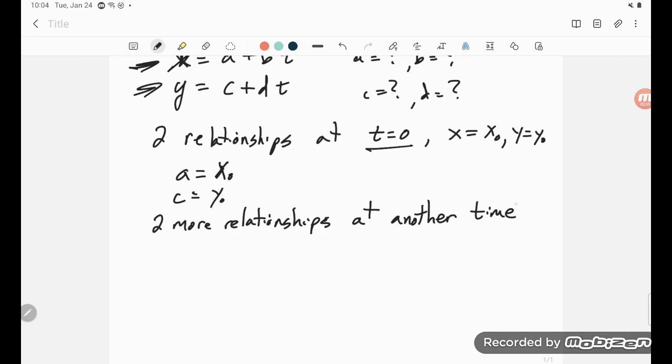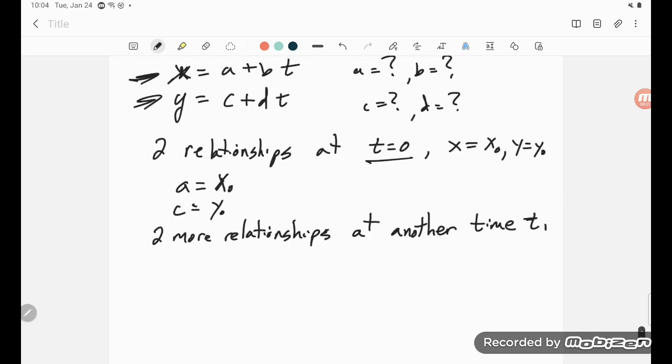Let's call it T1 or something. And what will happen there is, we'll know what A is and we'll know what C is. So if I write that A plus BT is equal to X, we'll be given an X1, a new position.